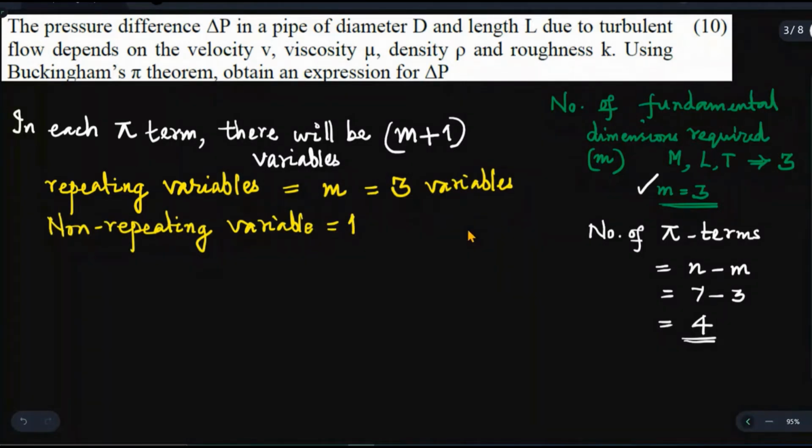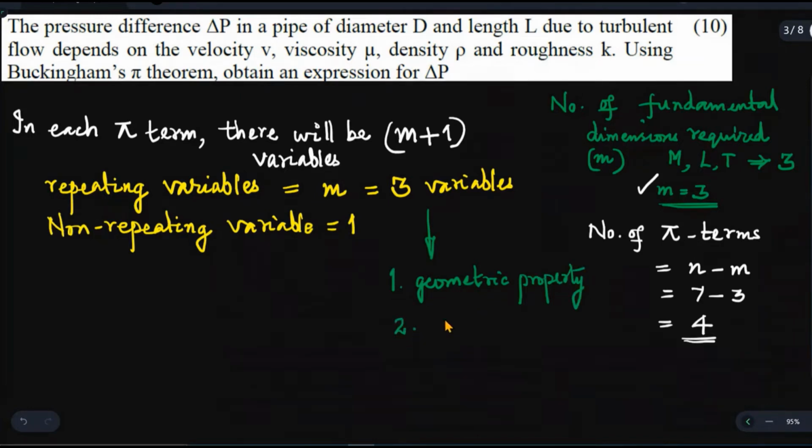Okay, and out of the 3 repeating variables, what is more important is that some represent fluid property, some flow property, and some geometric property. So how do you select the repeating variables? The basic thumb rule is this one: we will choose one geometric property.